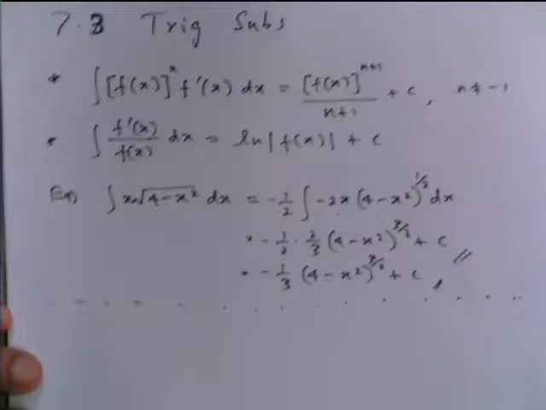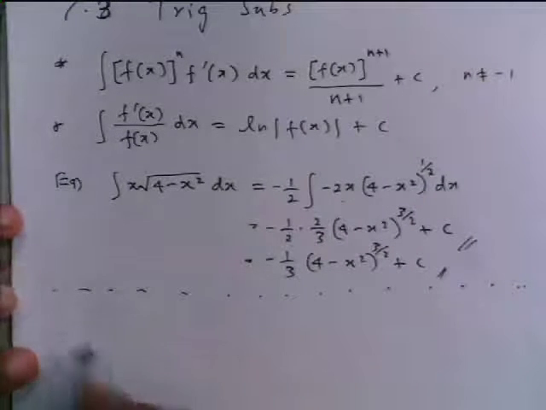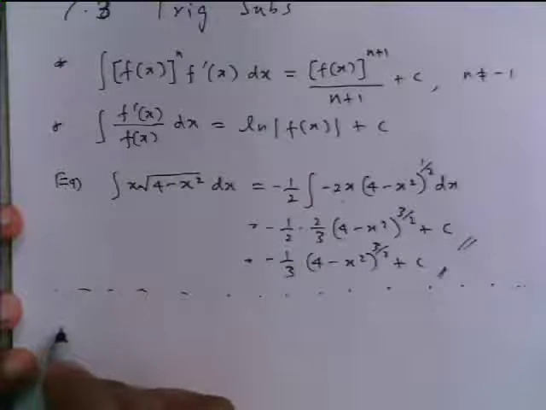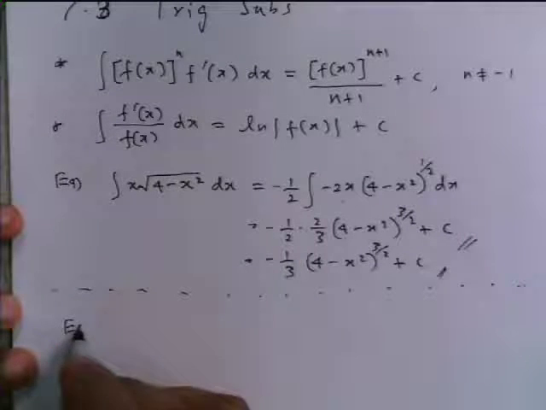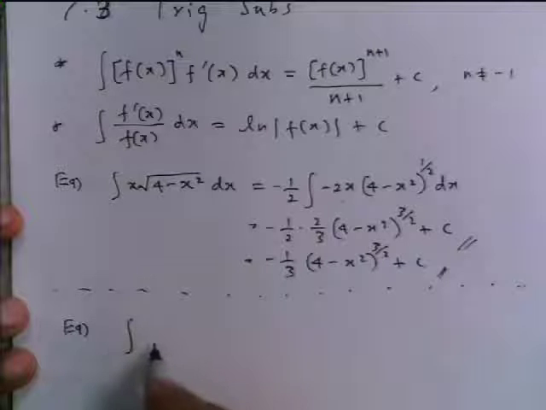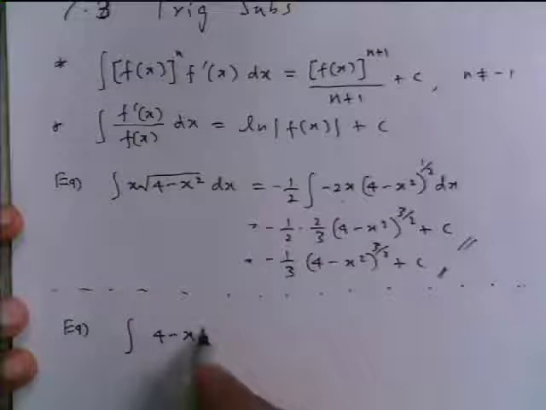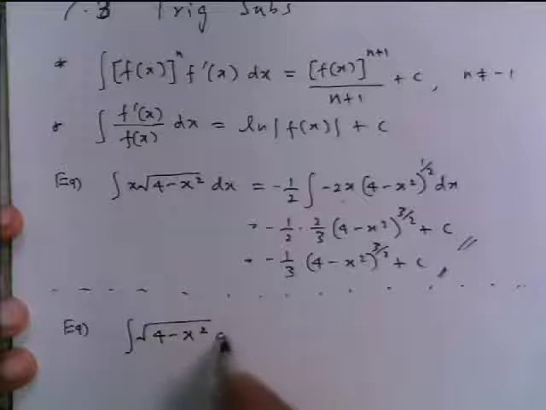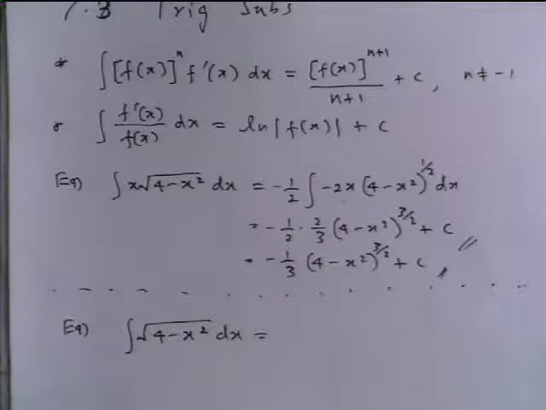So let's talk about the next example. What about 4 minus x squared without the square root? Now what happens? You cannot do it now. Why?